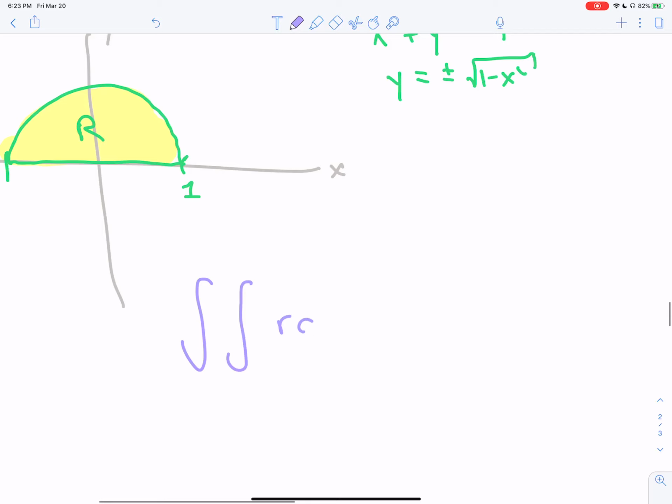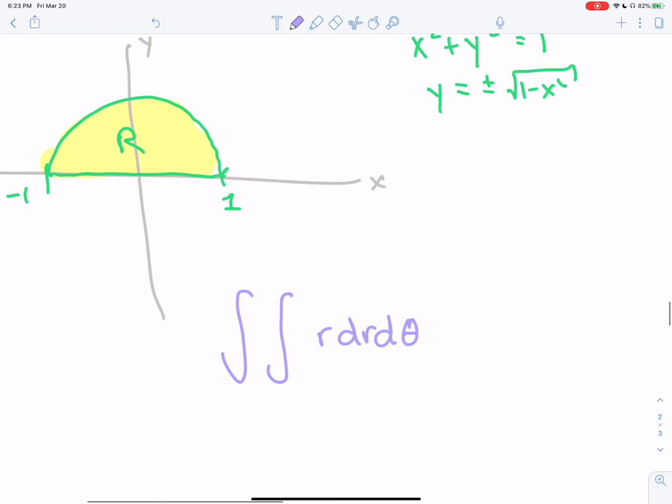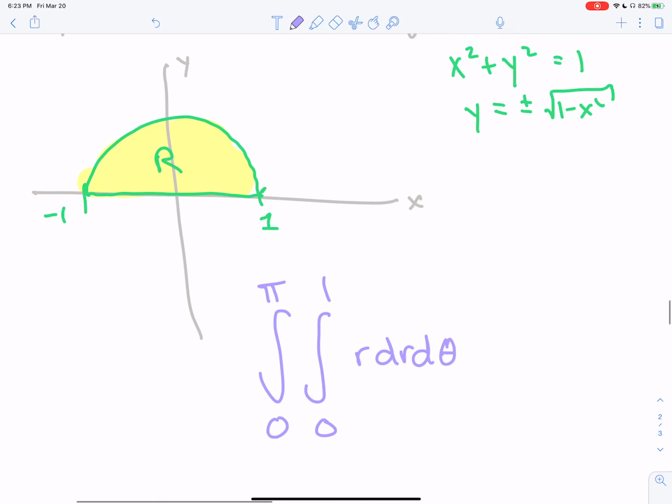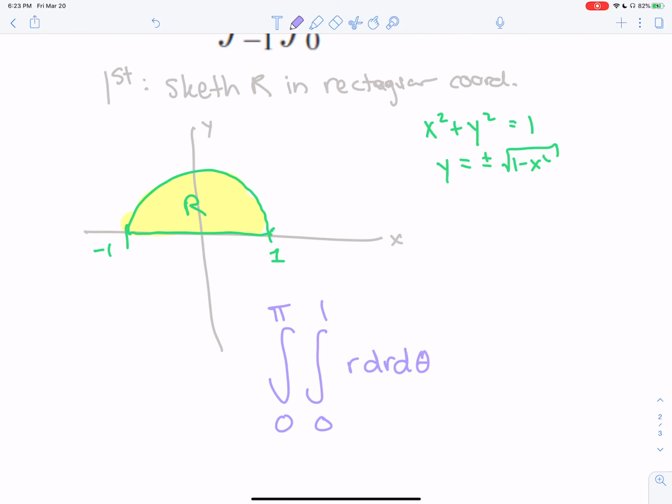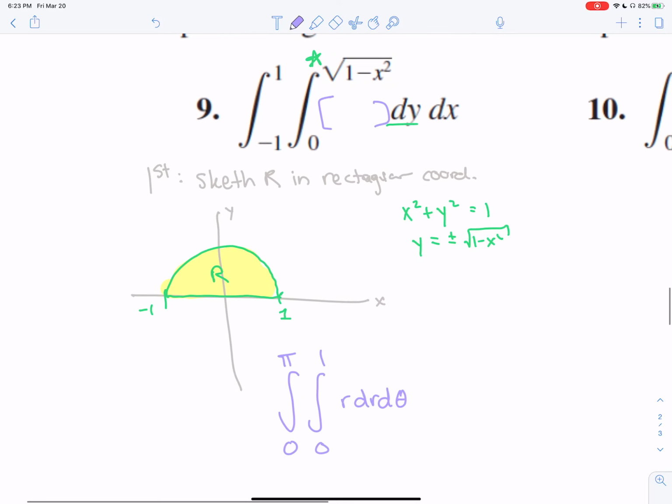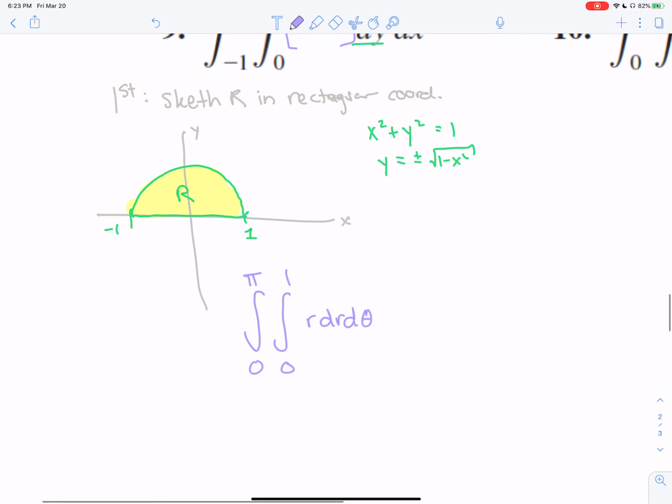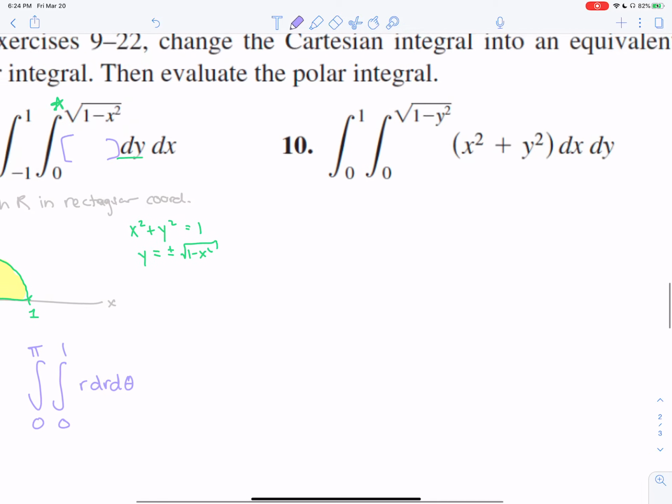So we'll get r dr d theta. Our bounds for r are pretty easy, just from 0 to 1. And then theta will be from 0 to pi. That gives us just that upper half. So this is going to be a lot easier to evaluate than the one with the square root of 1 minus x squared. This one will be much, much nicer. Okay, number 10.